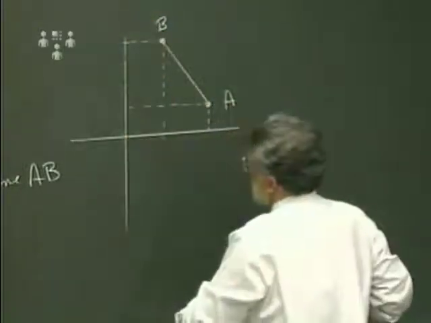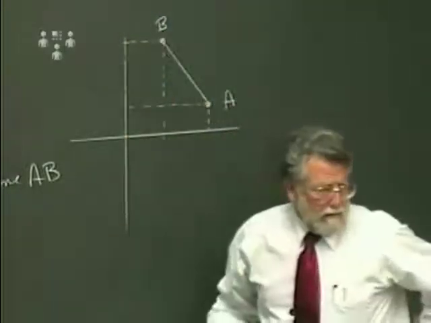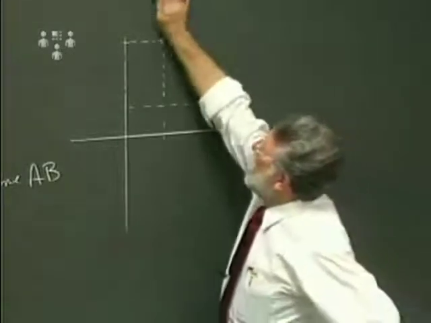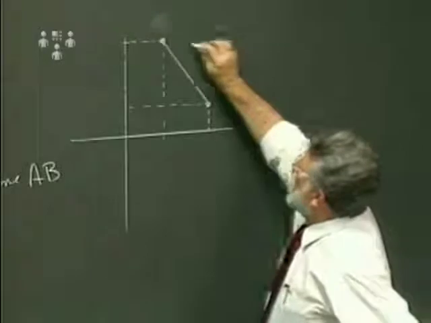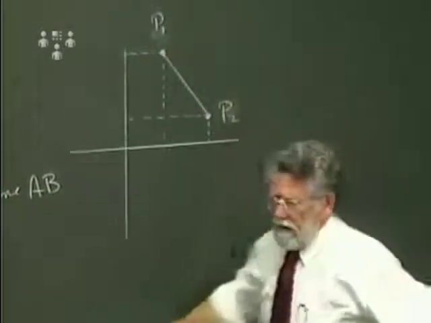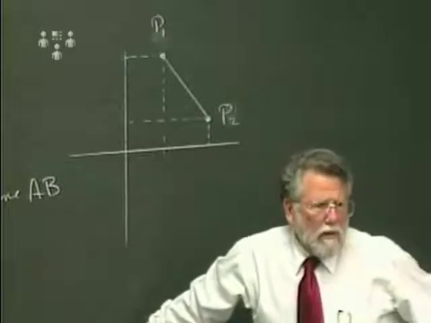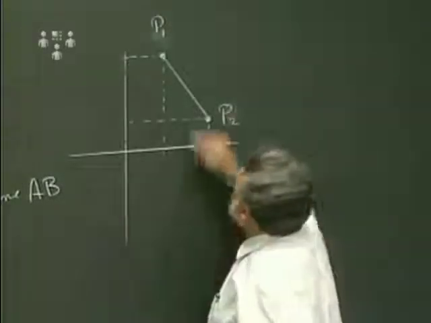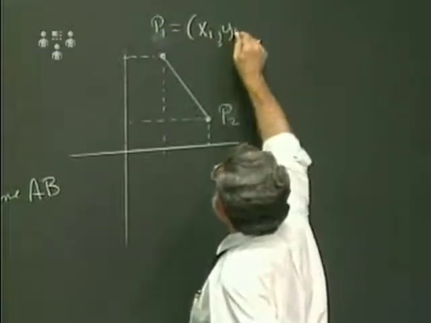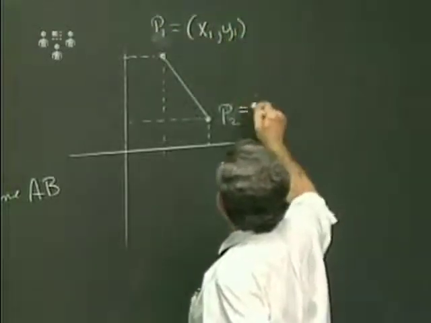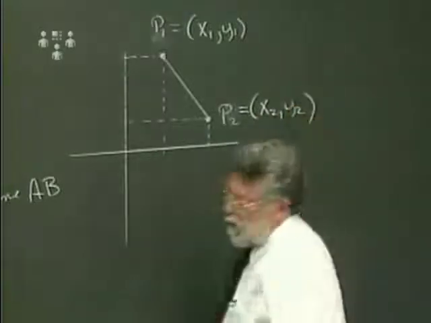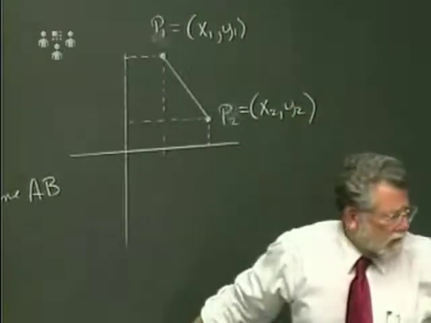Now, what we end up doing, and I'm going to get rid of the A and the B for the moment and just call this point 1 and point 2. 2 points. You know they are ordered pairs. So I'm going to call this point x1, y1. And this x2, y2. Now technically, I should be saying sub 1, sub 2.